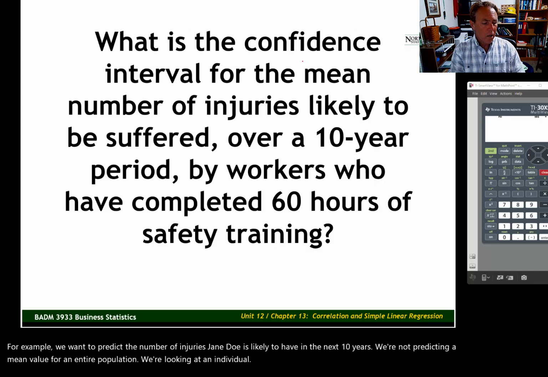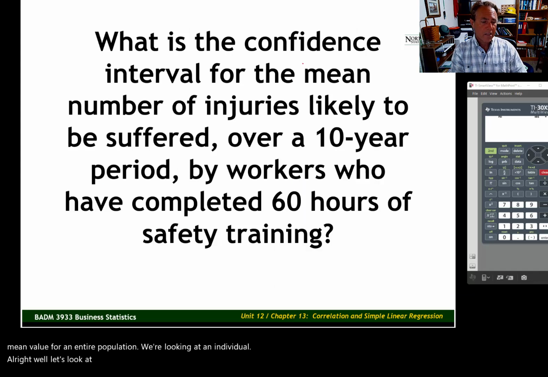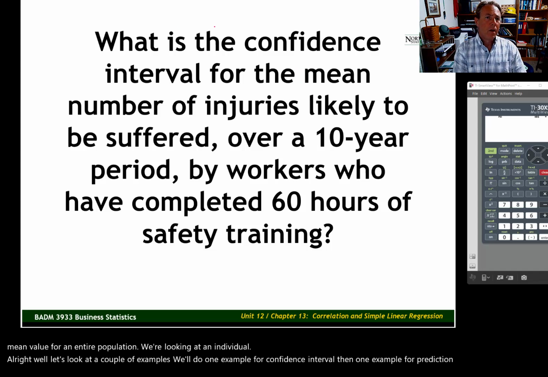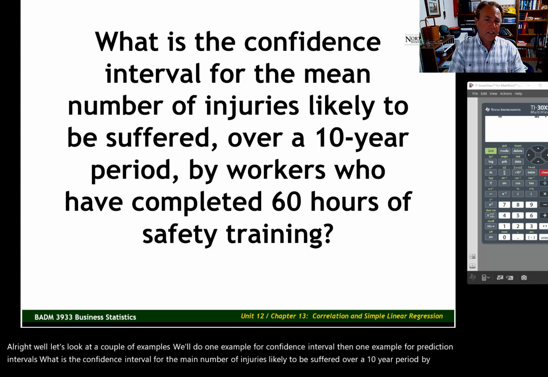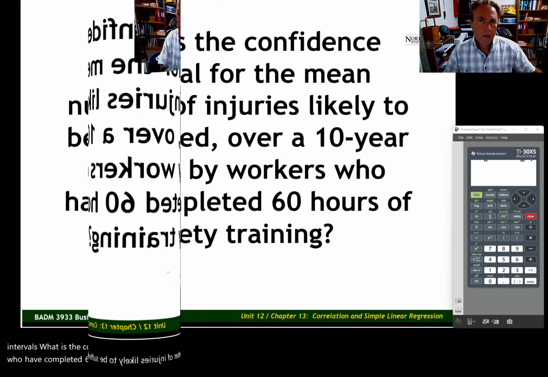All right, well, let's look at a couple of examples. We'll do one example for confidence interval, then one example for prediction intervals. What is the confidence interval for the mean number of injuries likely to be suffered over a 10-year period by workers who have completed 60 hours of safety training?